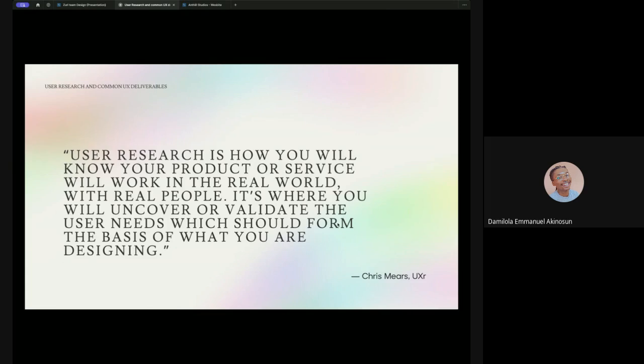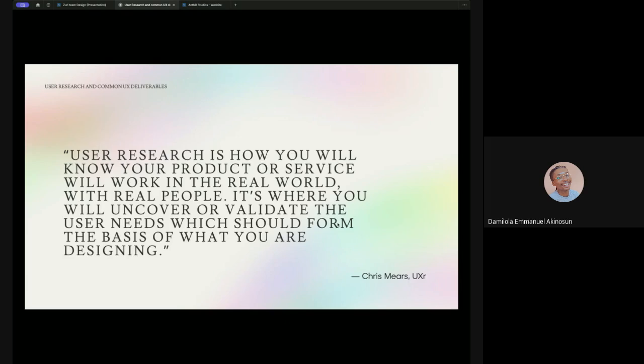So basically, what Chris is trying to say here is that everything that would form the basis of what you're designing should come from user research, and you should never dive into designing a product without conducting some proper user research, because it's from the feedback that you get from the results of your research that you'll be able to design and build a product that real people can actually use.